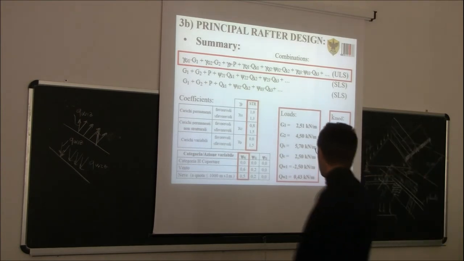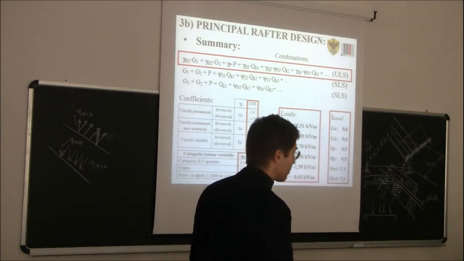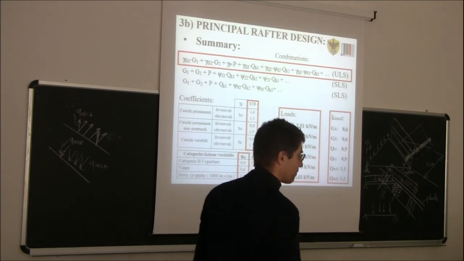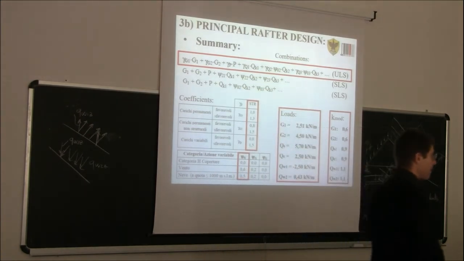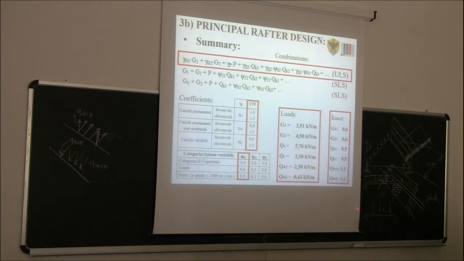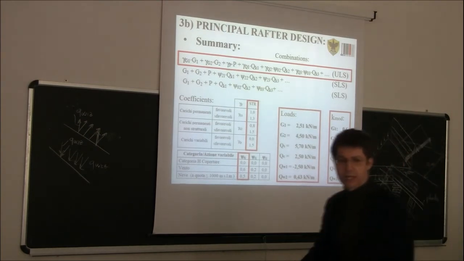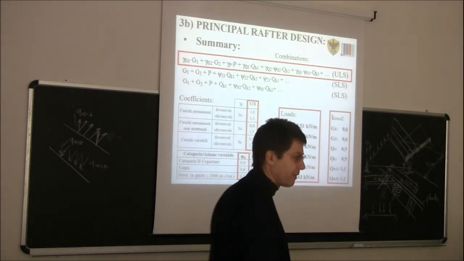So we need to write down all the load combinations with all the possible combinations of those variable loads, like yesterday, 21. Then we need to calculate the k-mod for each load condition by taking the maximum one among the k-mod for the different loads. And then we need to do the ratios. So we select the most critical load condition, the one with the highest ratio between the load condition and the k-mod. Okay? So it's exactly the same procedure as yesterday.